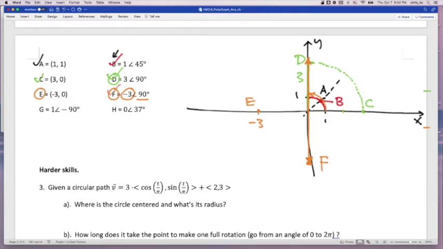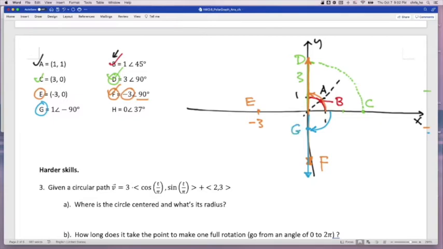Okay, so that's F. Let's go to G. I'm running out of colors. Let's go to blue. Okay, G: length of 1 and minus 90 degrees. So minus 90 degrees would be going this direction, clockwise 90 degrees. So again, my vector is now heading this direction. 1 unit is right here.